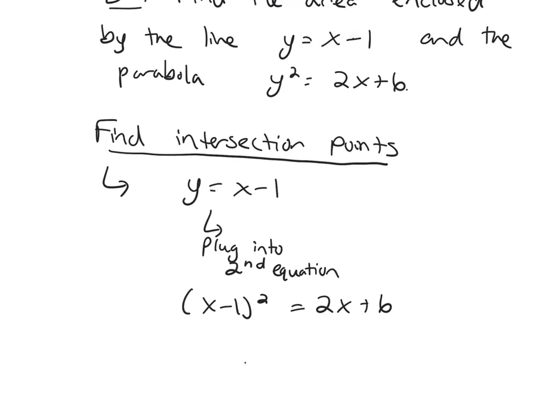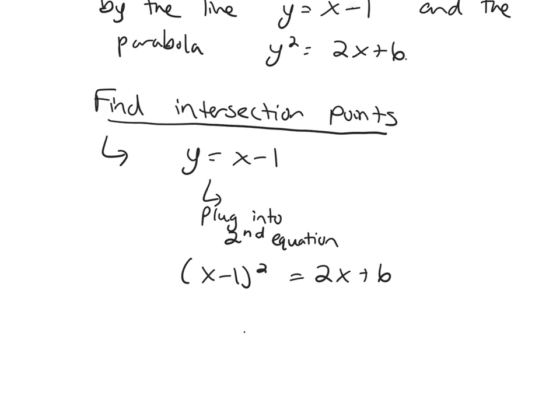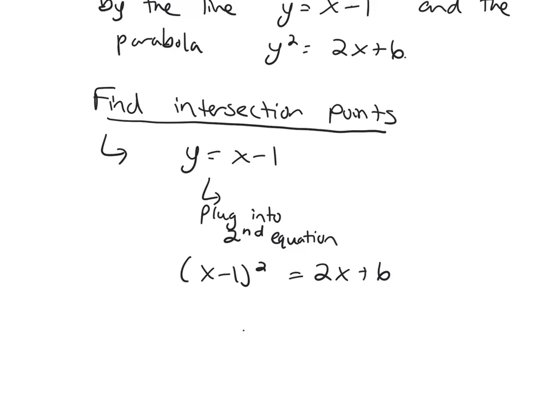What would you do to solve for x, your first step? Foil, right? On the left I have a square, so that means I have to FOIL. So let's do that. You're going to FOIL this out, x squared minus 2x plus 1.